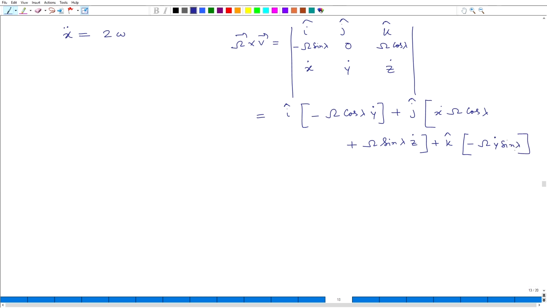Okay, so I have this part, and I can now write this.